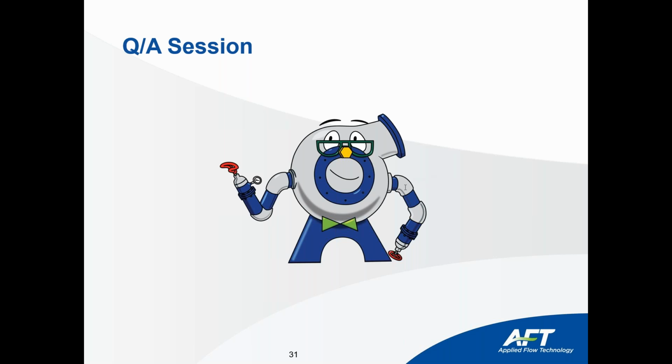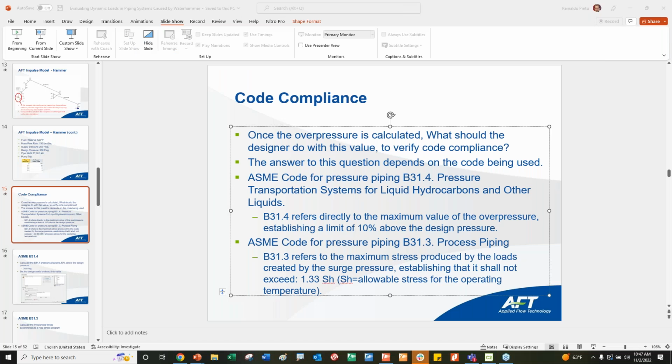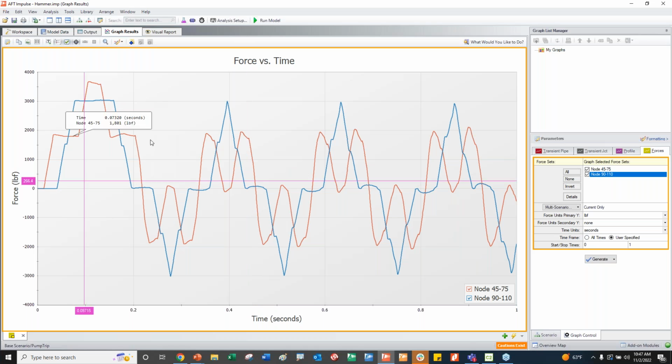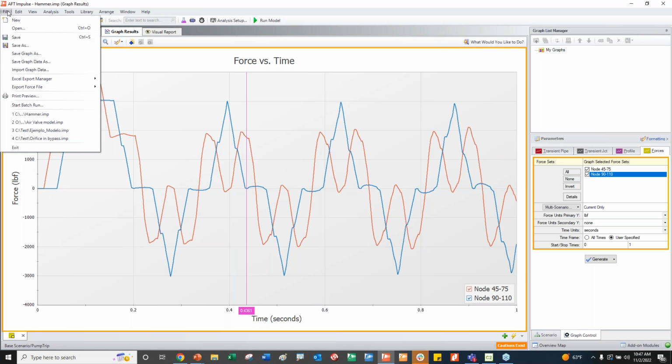Can I import my Caesar 2 model into AFT Impulse and then perform an analysis? Yes, you can do that. As a matter of fact, I prepared an example here. Let me bring Impulse. Let me try to see if I have an example here that I can bring. Let's say new.